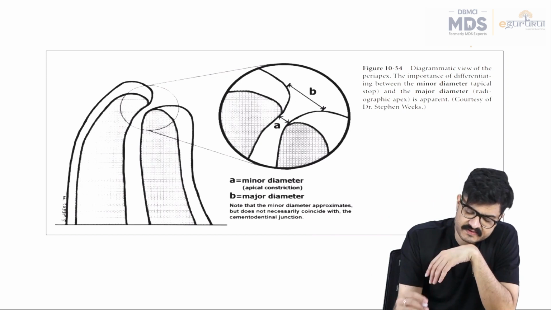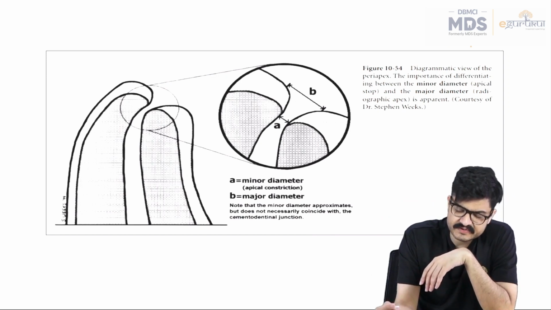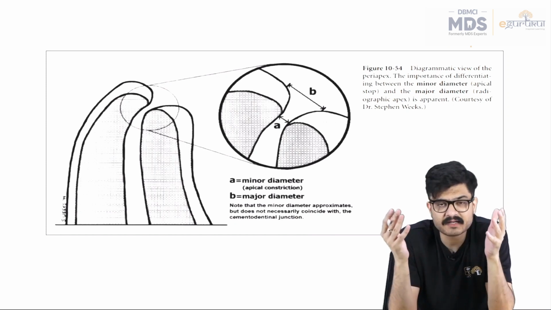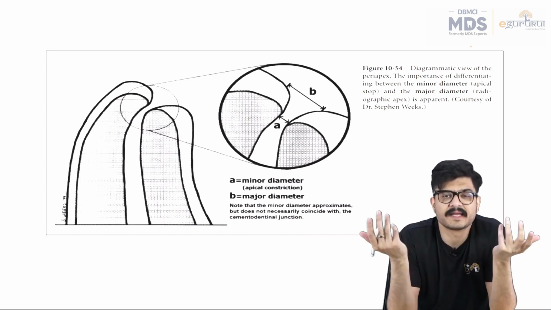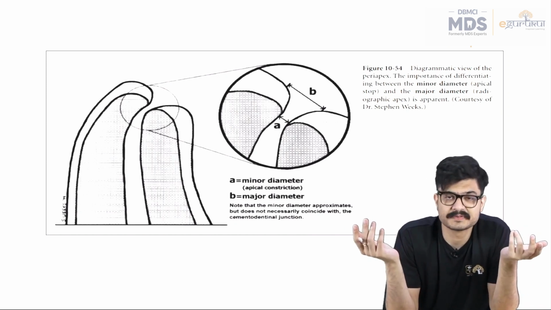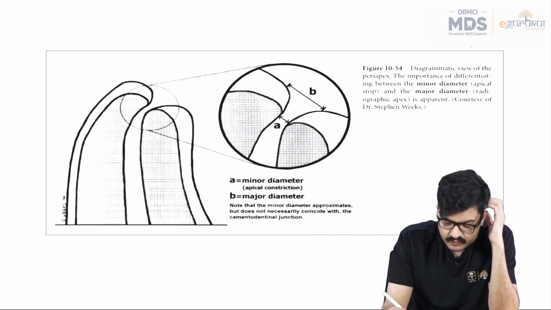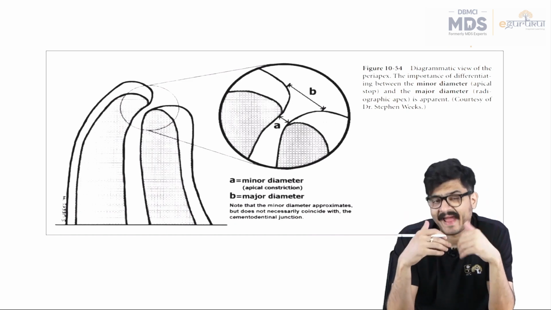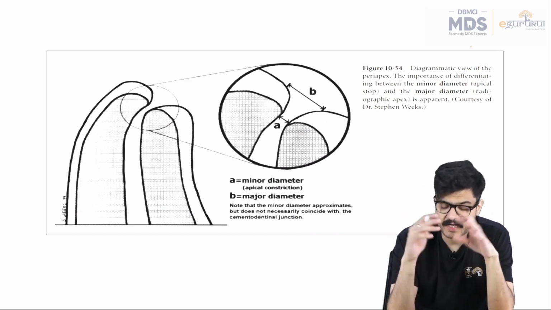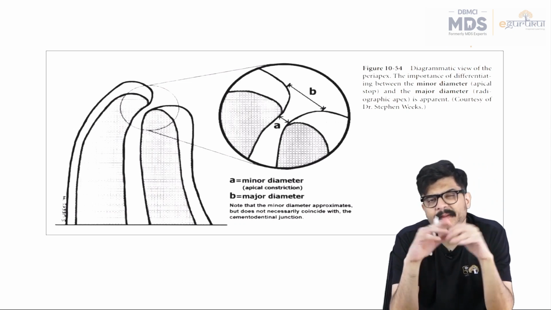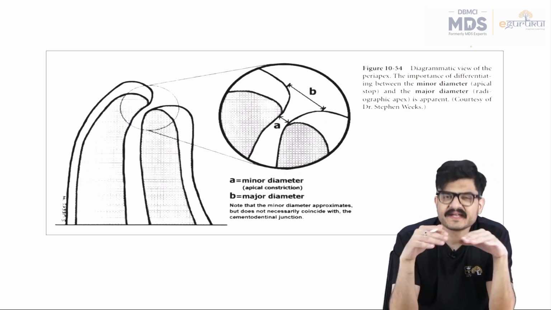As you can see, since this is the narrowest cross section, this is also known as the minor diameter. So apical constriction and minor diameter are one and the same. They're synonymous for all practical purposes, right? Then you see this divergence, which I showed in the hand diagram also, right? This divergence is like the paintings that we used to do when we were kids, right?